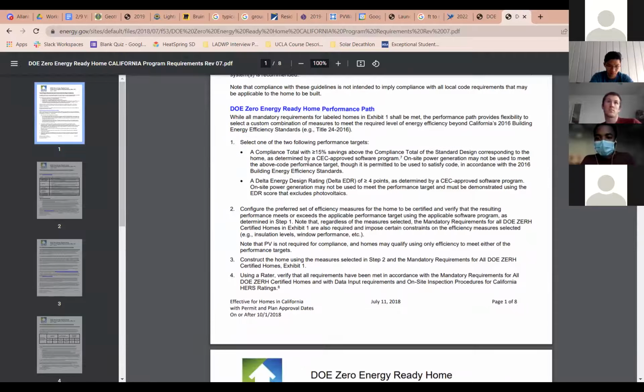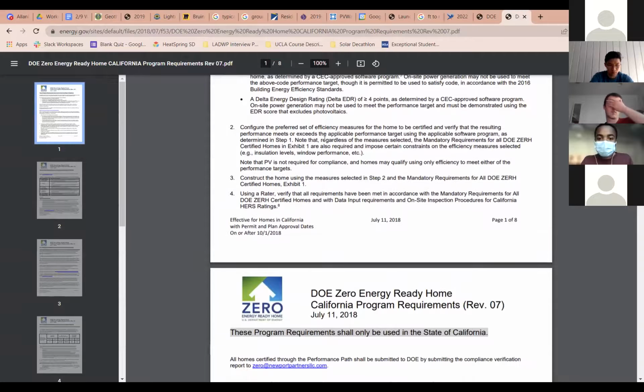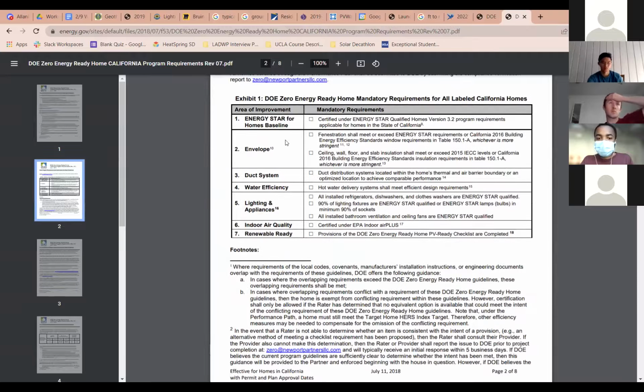I'm not going to bore you with all the details, but I definitely recommend for the Engineering A and architecture teams, mainly Engineering A, because our engineering design needs to abide by these requirements, specifically on page 2, where it talks about the envelope of the building.